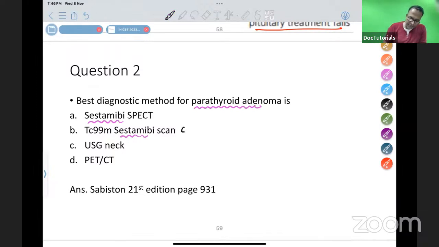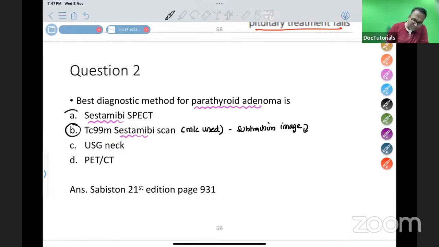Sestamibi scan is the most commonly used. So technetium sestamibi subtraction imaging, by technetium sestamibi, dual radionuclide substances are used and a subtraction image is obtained for parathyroid adenoma. But the problem is that it is less sensitive.